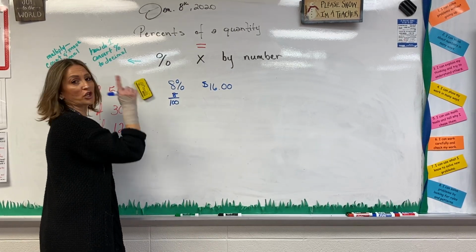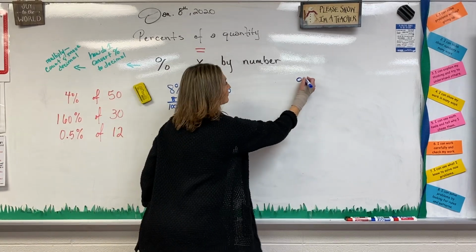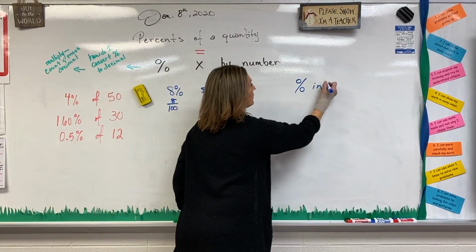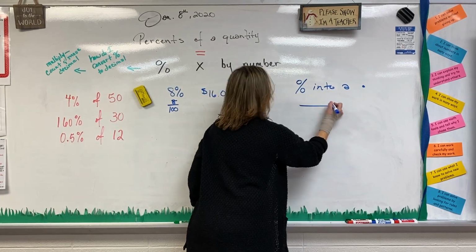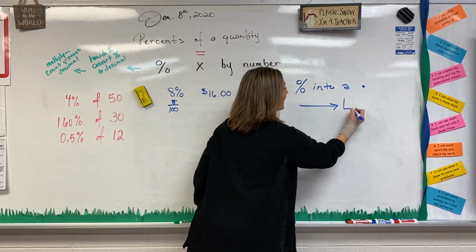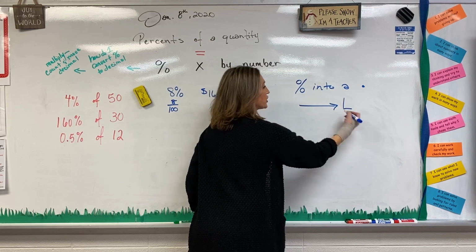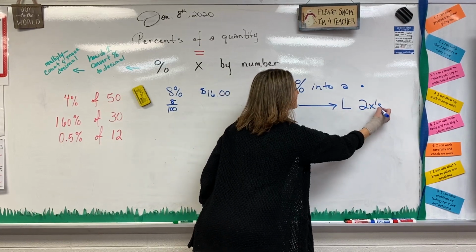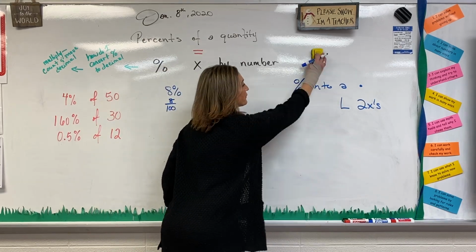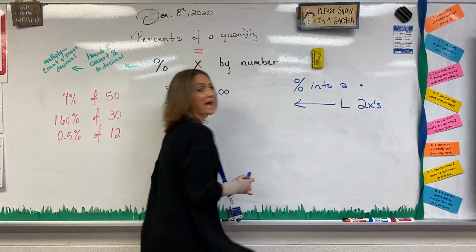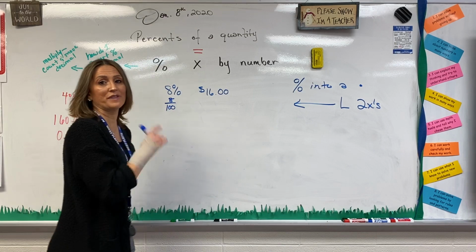And we know to turn a percent into a decimal, we move the decimal to the left, even though I'm going that way, to the left 2 times. Only 2 times. And just so I make it clear for the kids, I'm going to flip that arrow. We're going to go to the left 2 times. You move that decimal.